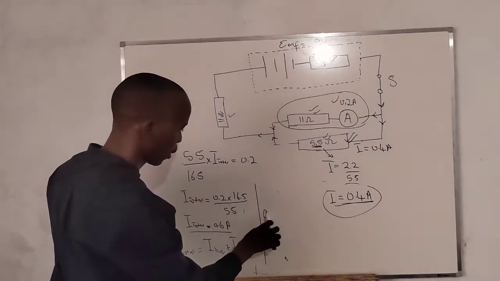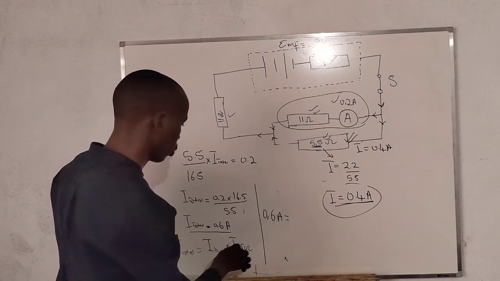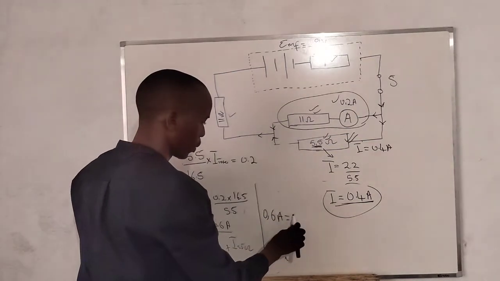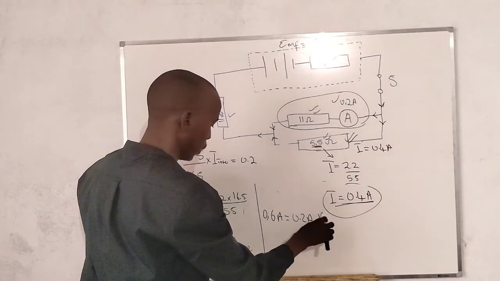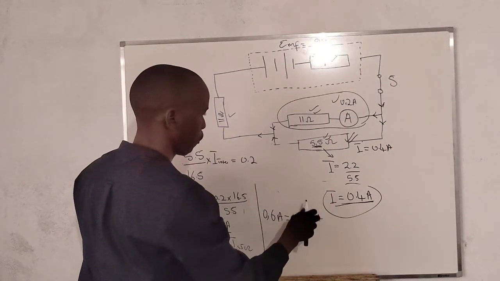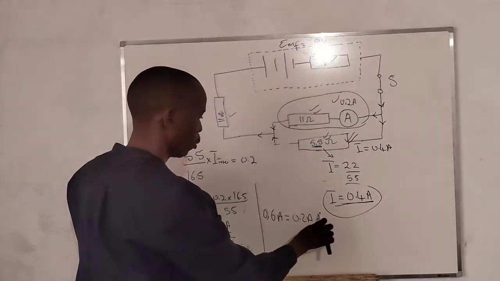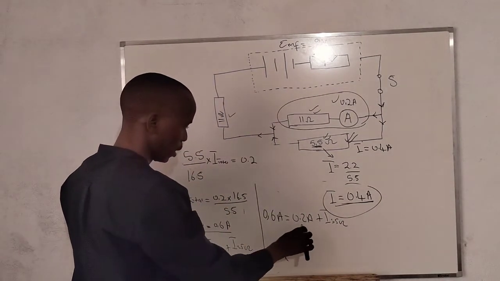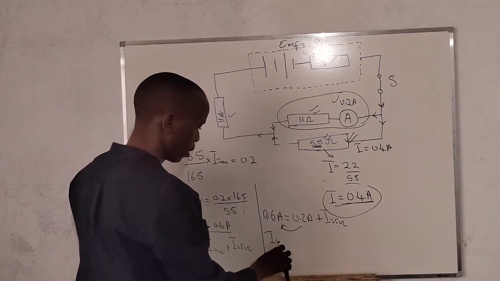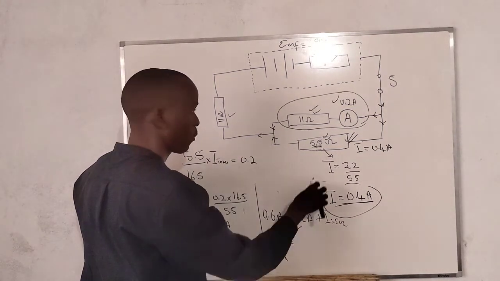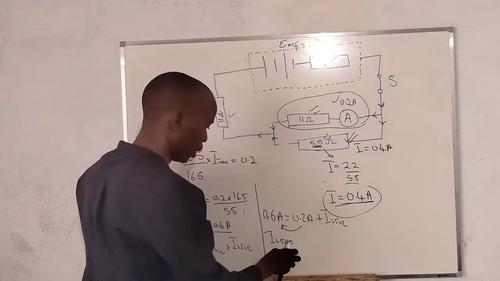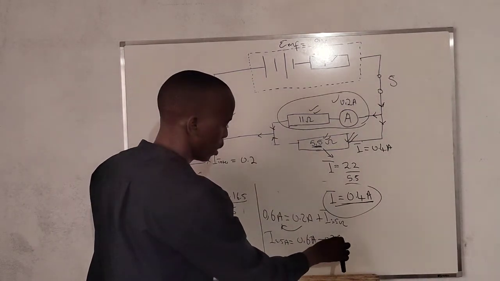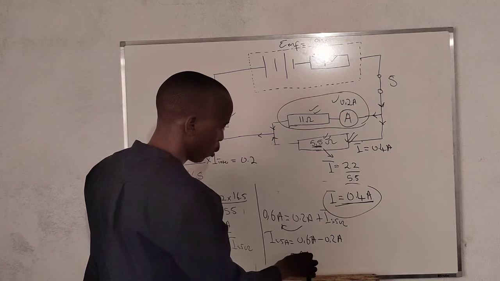The total current is 0.6 amperes, which is equal to the current passing through the 11 ohm resistor, 0.2 amperes, plus the current through the 5.5 ohm resistor. We are looking for it this time around. Then I just rearrange. I, the current passing through the 5.5 ohm resistor, is 0.6 amperes minus 0.2 amperes, and then the answer is 0.4.